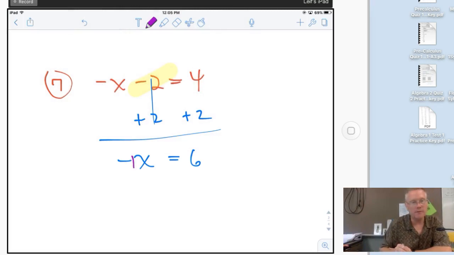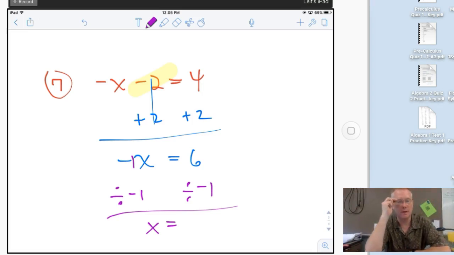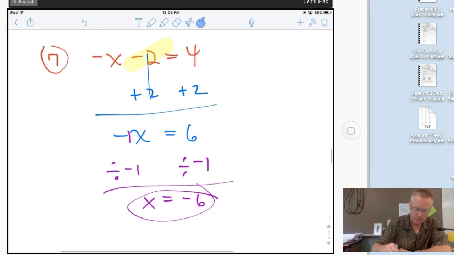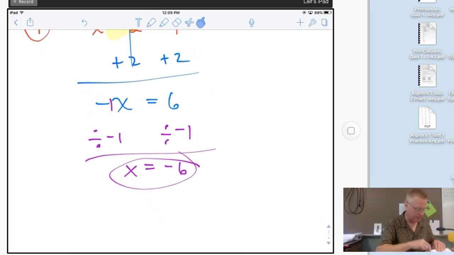There's an implied 1 in front of that x, which means I'm going to divide by negative 1 or multiply by negative 1. Either one will work. Either way, when I take negative x and multiply by negative 1, you get positive x. And on the right side, 6 divided by negative 1 is negative 6. And that is the answer.